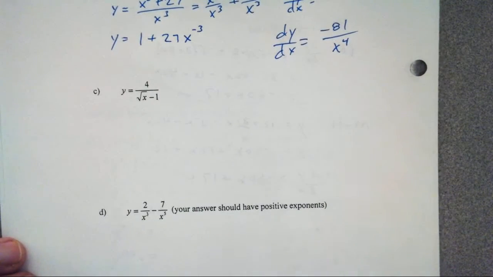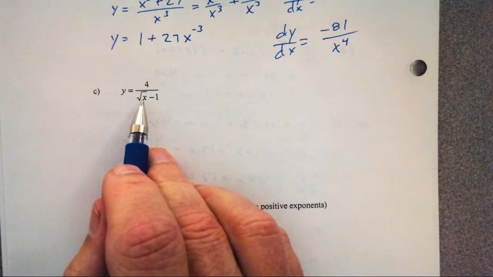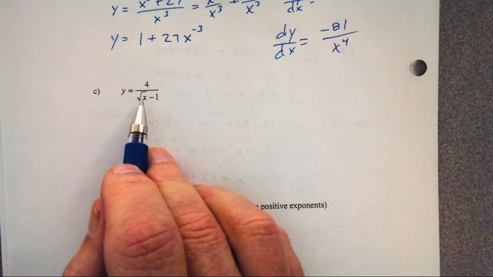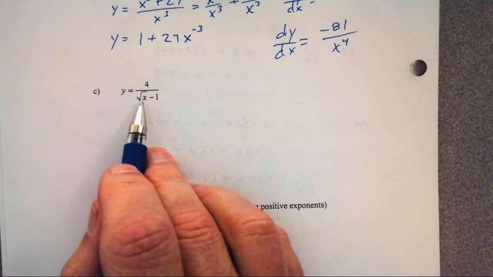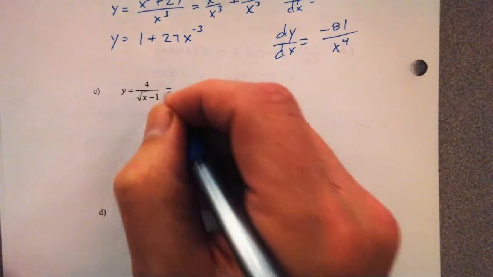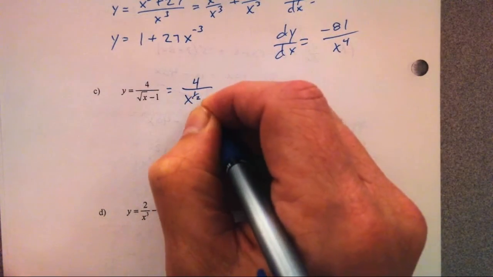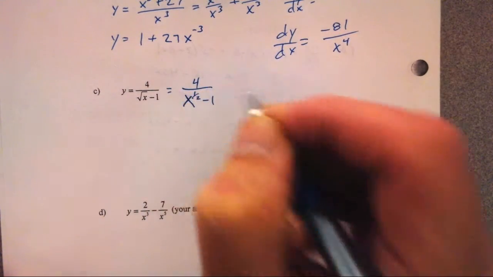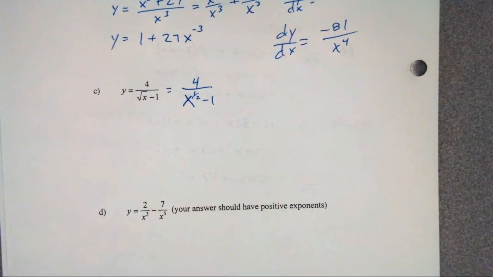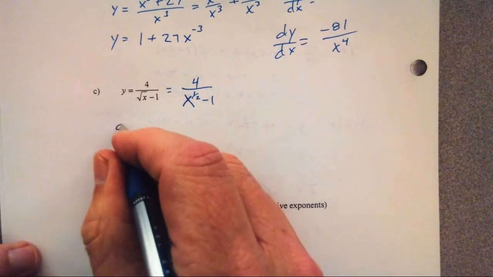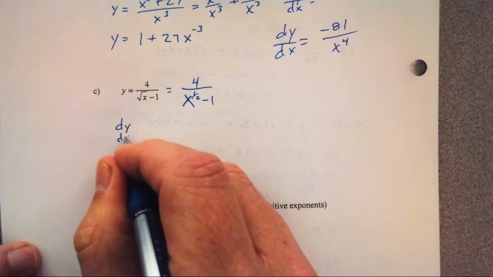This guy. The only thing about this that I might prefer is that derivatives work really well with exponents compared to roots. So I might want to just be thinking of this as 4 on x to the 1/2 minus 1. Okay. So I'm going to quotient rule this guy now. So I'm taking the derivative, dy dx.